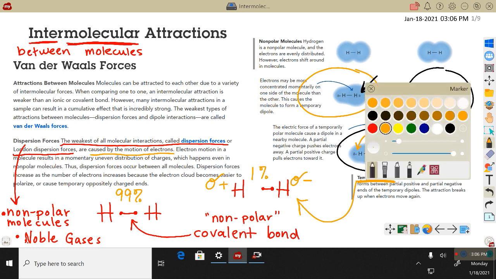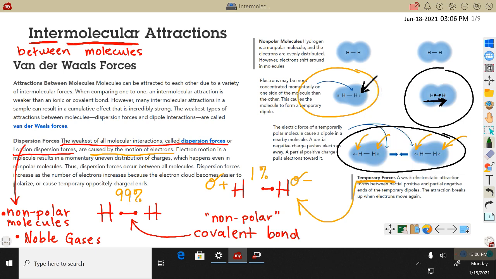And so here's what happens. In between these two molecules right in here, here's going to be your area of attraction. Attraction. It's going to be the partially negative region on one molecule and the partially positive region of another molecule.